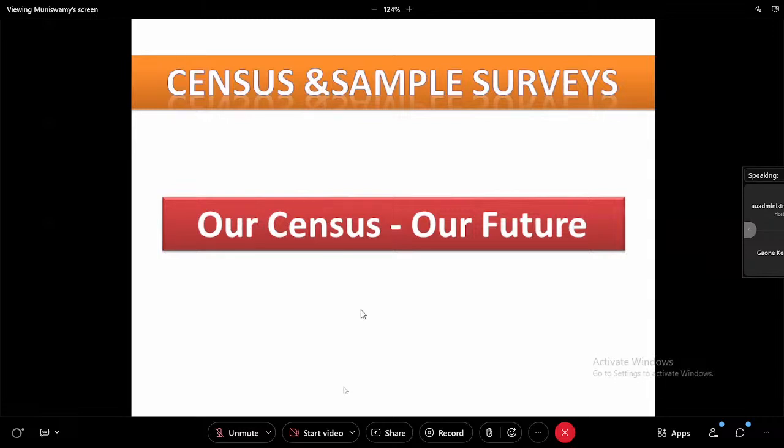So in census surveys, each and every individual observation is collected. So that's why it takes a long time to gather the data. So in the research process, sampling and census enter after formulation of the hypothesis.